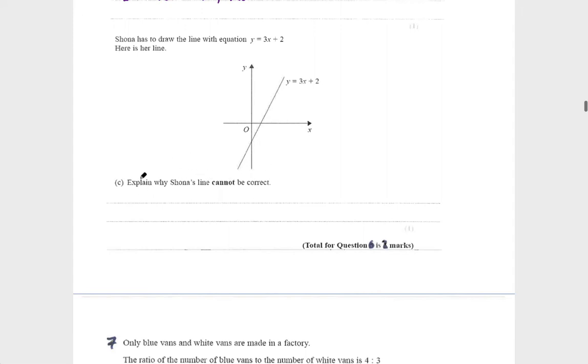So we can say that it's to do with the y-intercept here. Y equals 3x plus 2 should cross the y-axis at 2, and we need to show why we know that this isn't the case here, and that it's because it's below the x-axis.